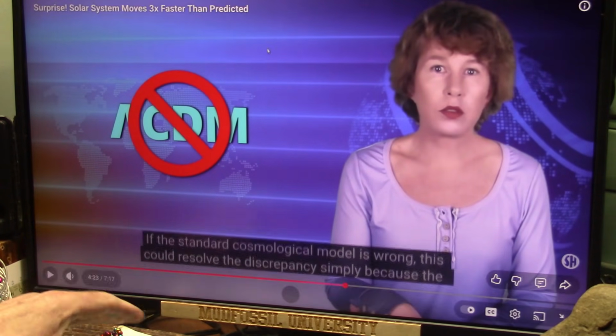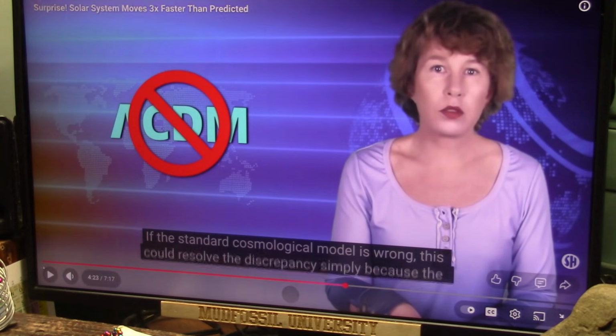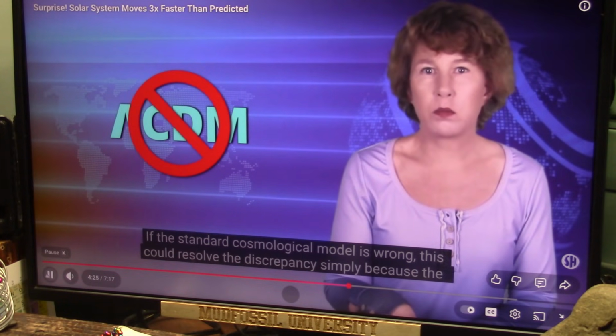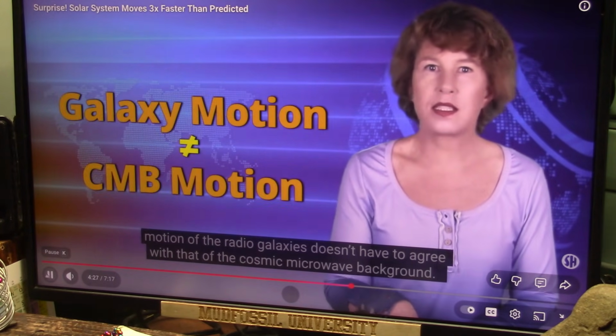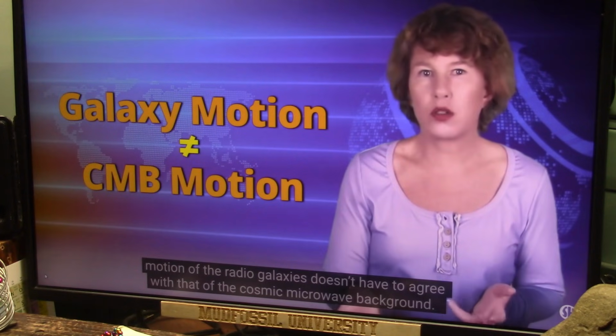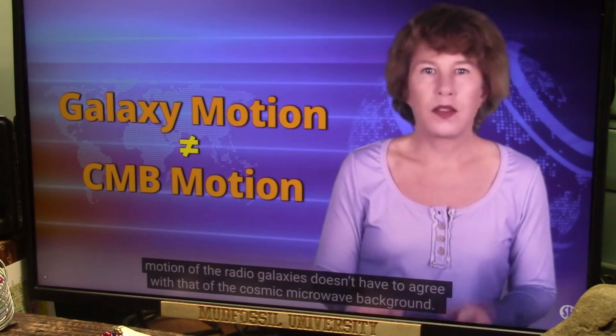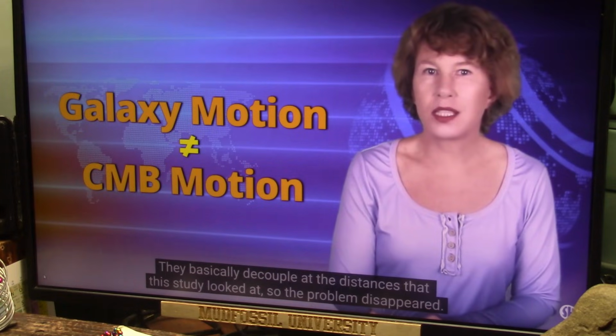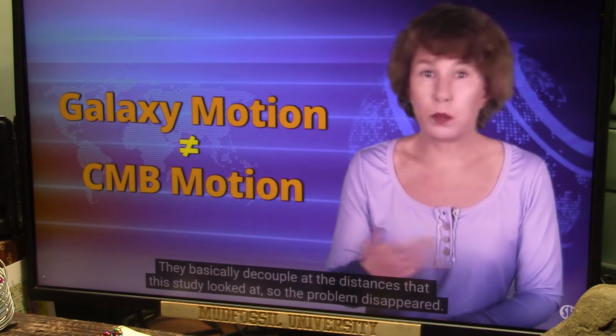All right, so she's saying if the standard cosmological model is wrong, this could resolve the discrepancy. Well, yes. The discrepancy, simply because the motion of the radio galaxies doesn't have to agree with that of the cosmic microwave background. They basically decouple at the distances that this study looked at, so the problem disappears.